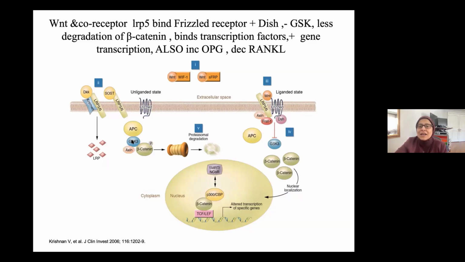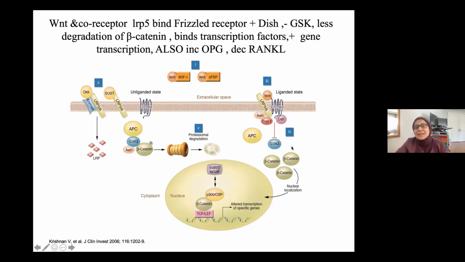Glycogen synthase kinase, when it is inhibited, will allow beta-catenin to accumulate because it will no longer be degraded. Beta-catenin enters the nucleus, and it will then bind to transcription factors, and it will result in gene transcription, and it will then allow this osteoblast to start pumping out collagen.